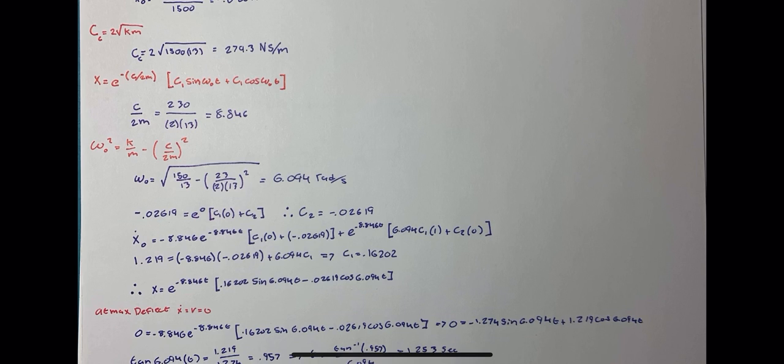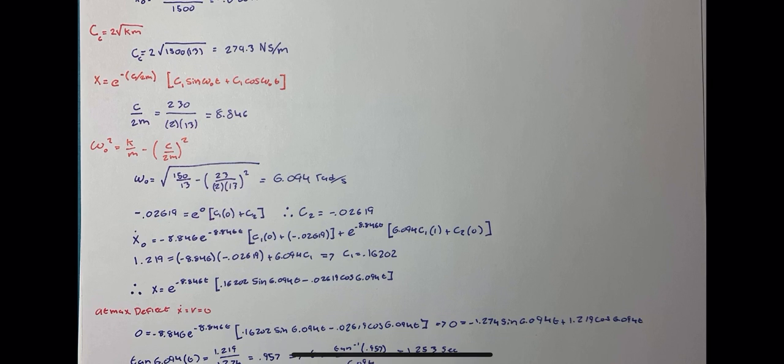We'll save that, and we'll get c over 2m is equal to 230 over 2 times 13, which is 8.846. We know that omega naught squared is equal to k over m minus (c over 2m) squared. We know all of those, so we can plug in and solve for omega naught, which is 6.094 radians per second.